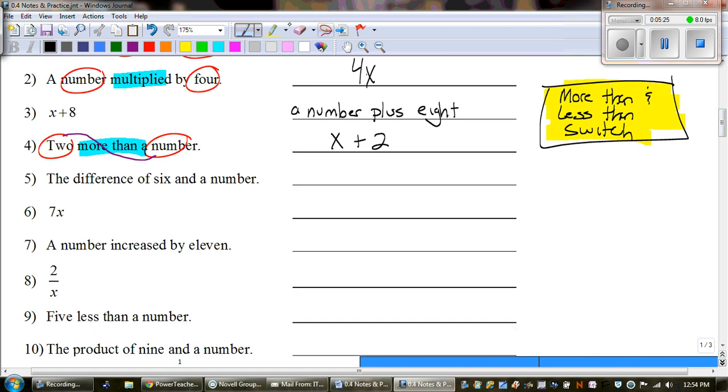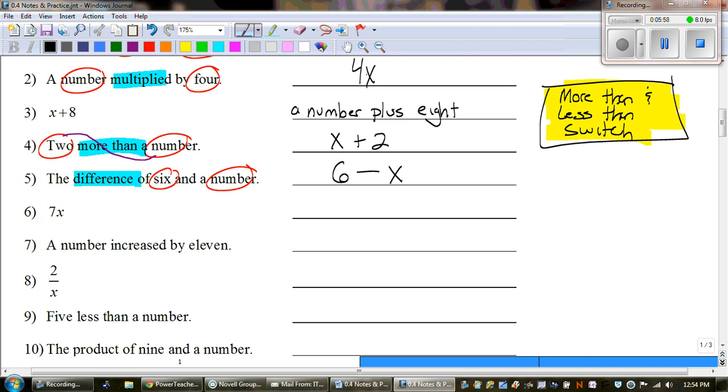All right, the difference, so there's our operation, the difference of 6 and a number. Difference means to, good, subtract. So the difference of 6 and a number, don't write it like this, because that's saying negative 6 times x. Okay, that doesn't count. All right, what's going on with number 6? Hopefully you're saying multiplication.